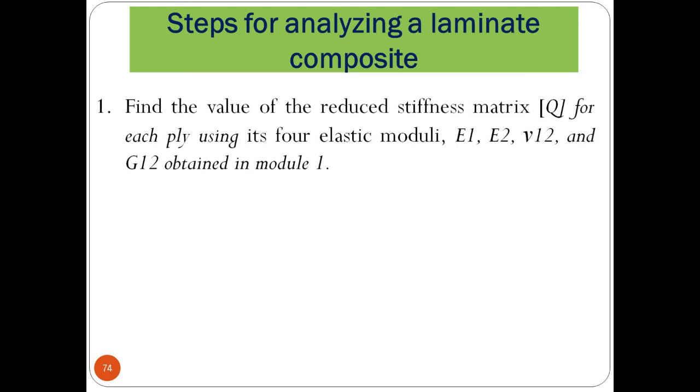So first of all, it is required to solve one numerical which we had already solved in module 1. Before starting the macro mechanical analysis of laminates, we will first solve a numerical on micro mechanical analysis of a lamina.